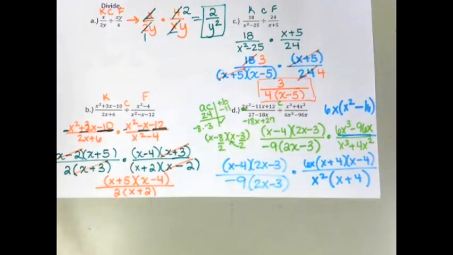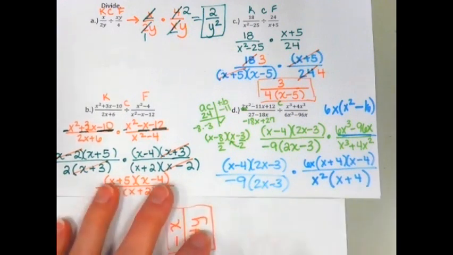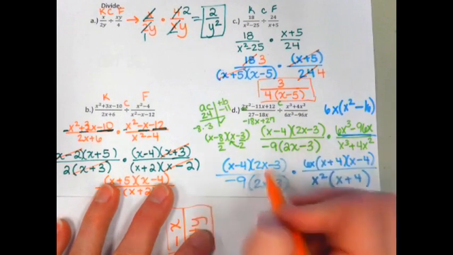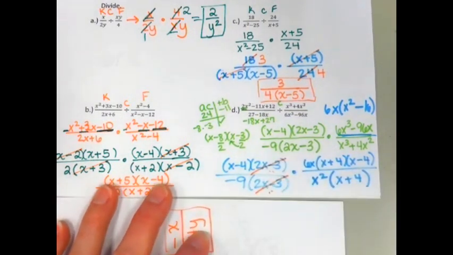All right, so let's go ahead and cross simplify. What do I see in the top and the bottom here? That's the same. What do we see in the top and bottom? Do I see a 2x minus 3 and a 2x minus 3? Yeah, can I cross those out? Yeah.